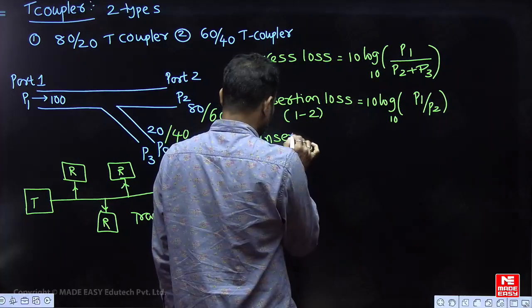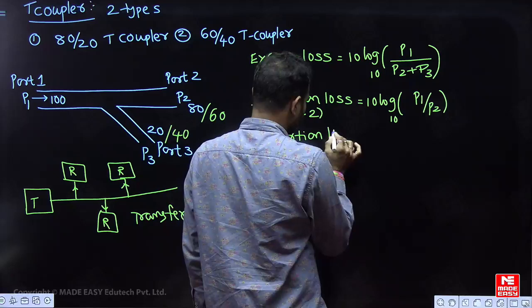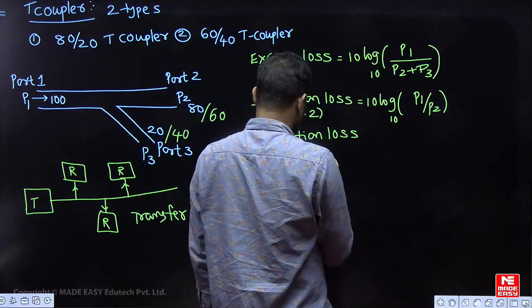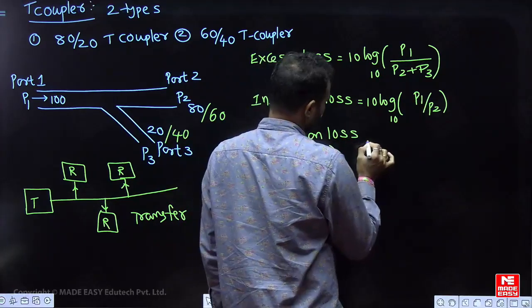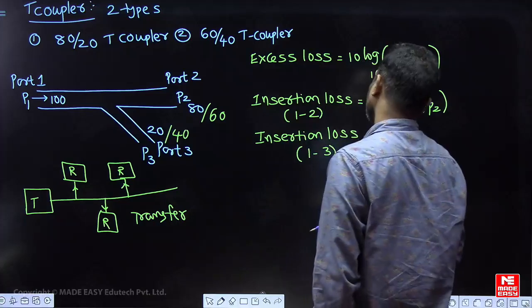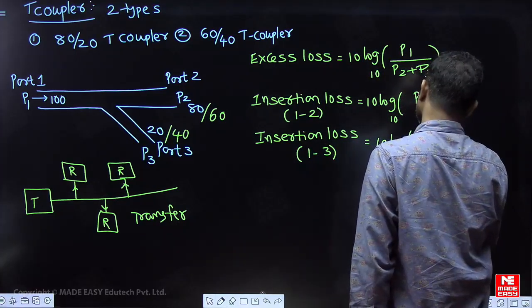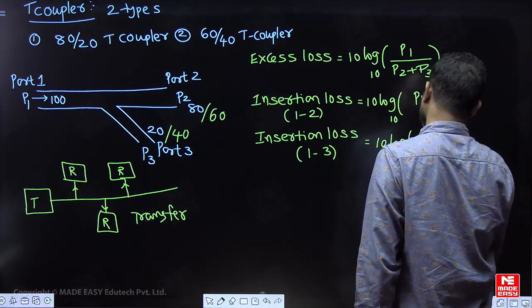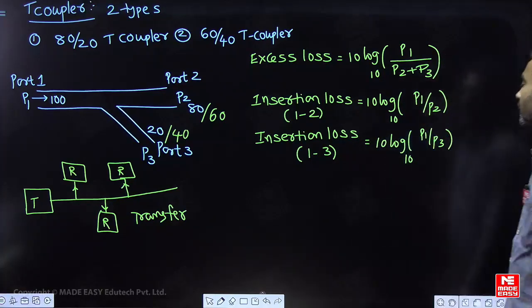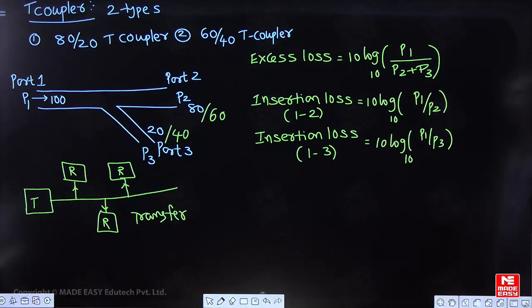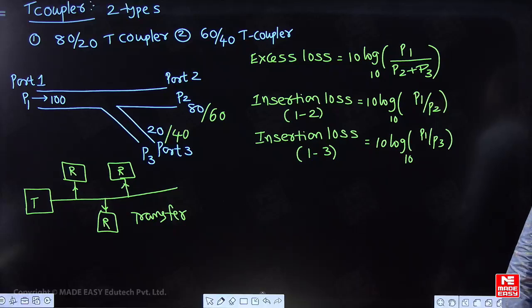The next insertion loss is calculated from 1 to 3. Power from 1 to 3 is equal to 10 into log of P1 by P3 of base 10, which is called the insertion loss.